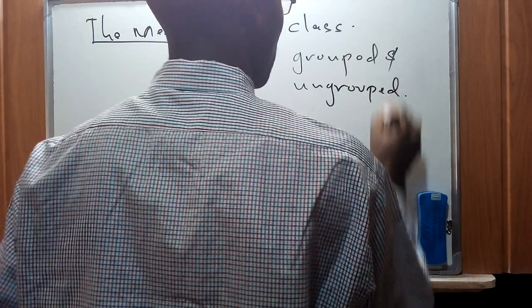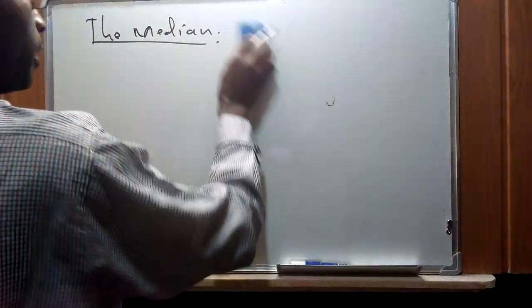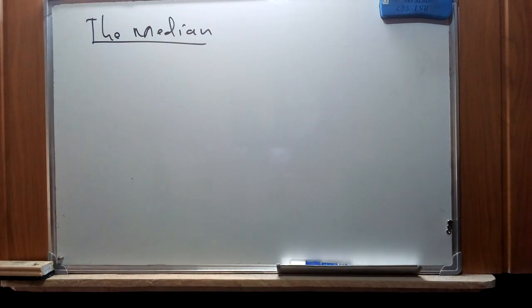So in this case, we're going to look at grouped data, whereby we're going to try and interpret what the concept of a median means. So a median, as I've said, is the score that occurs at the middle or at the center of given data when the data is arranged in either ascending or descending order.